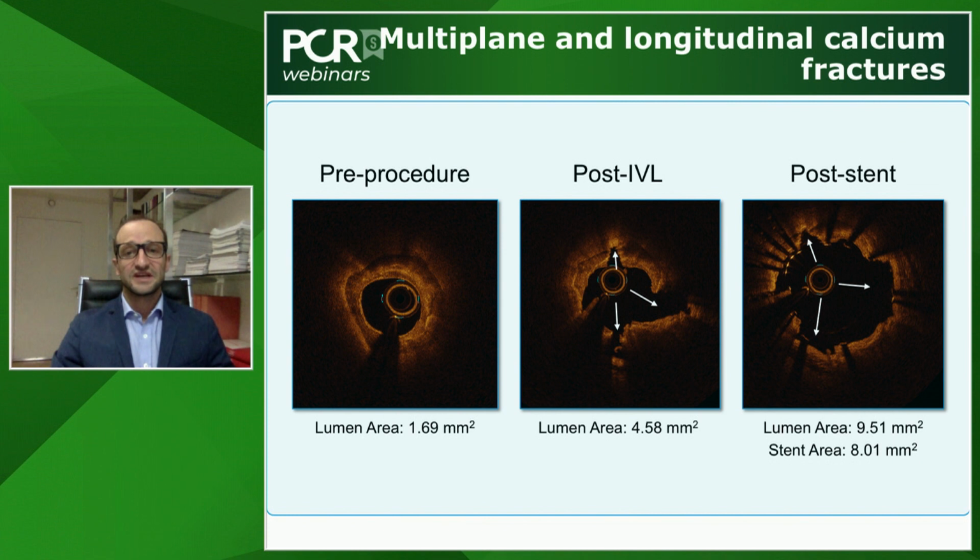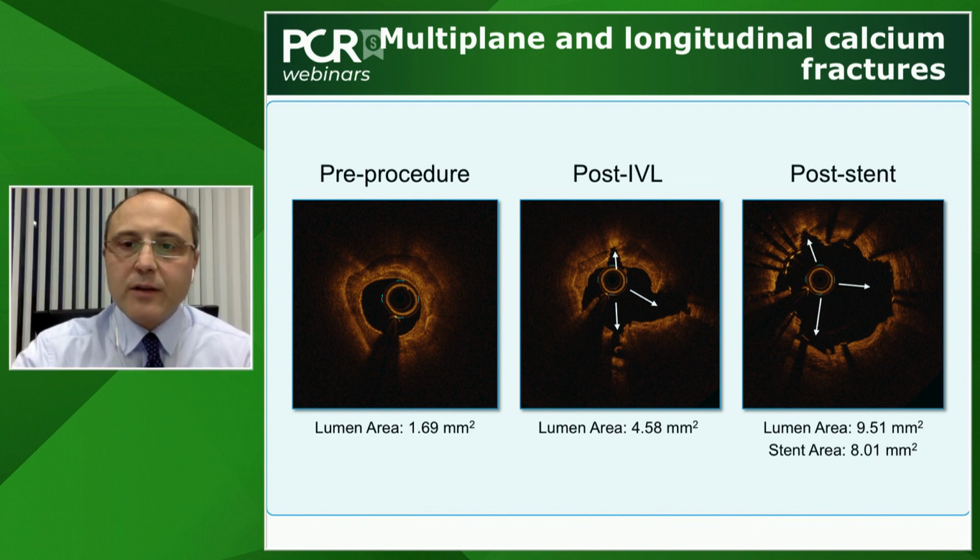And it is associated with an immediate gain of the lumen area. And this phenomenon is increased after the implantation of stents. You can see on the right part of the slide that the lumen area increased after the implantation of stents, which proves that IVL, by the microfractures on the calcium, increases vessel compliance.